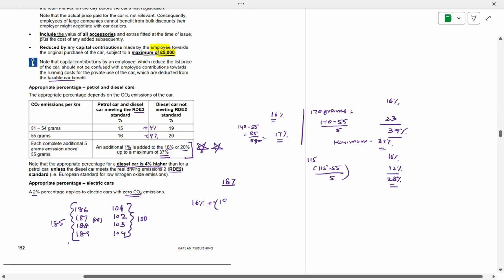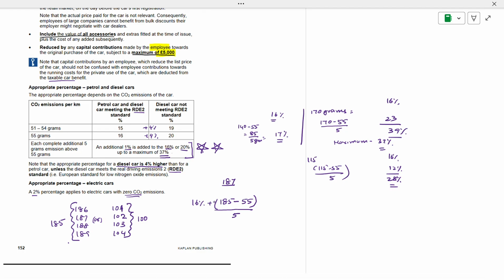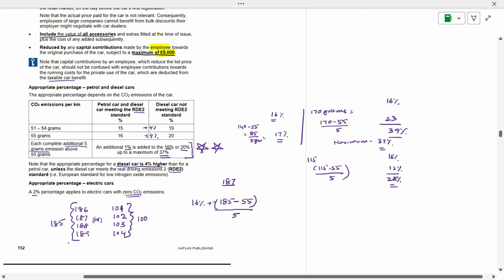Then what you will do: 185 minus 55, divided by 5. For every 5 grams, an additional 1%, from the 16 to 20, for additional 5 grams.